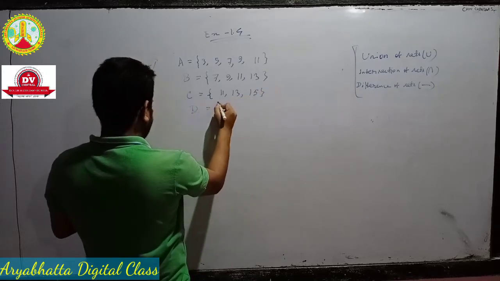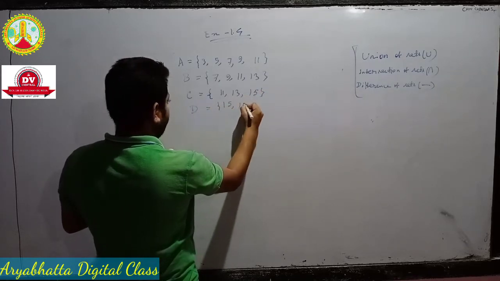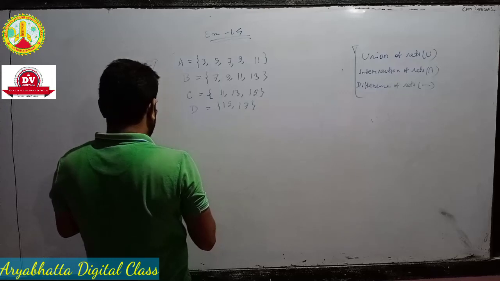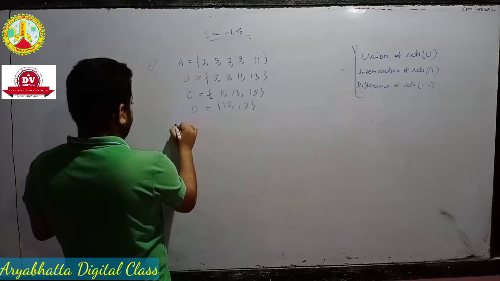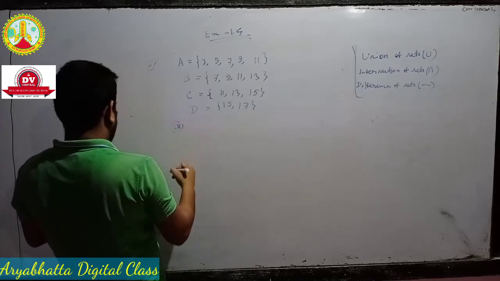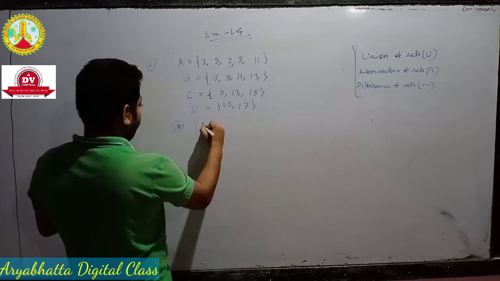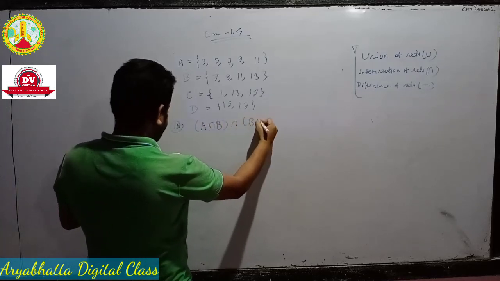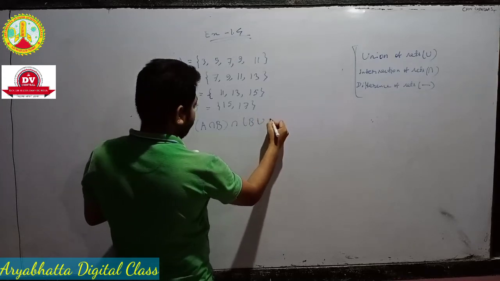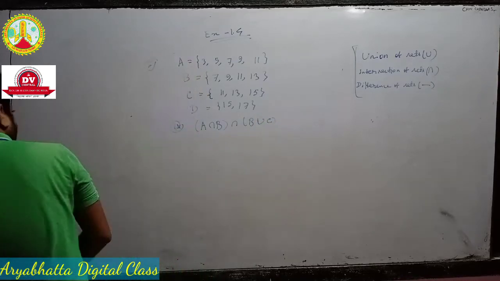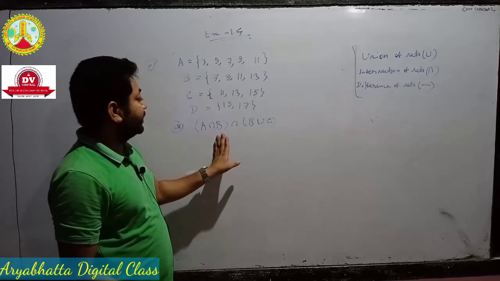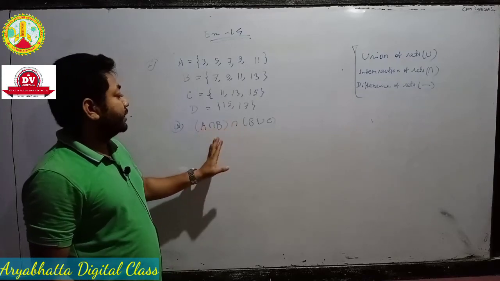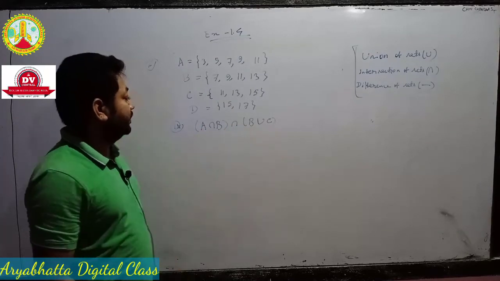Next, D is equal to {15, 17}. Then find Roman numeral 9: A intersection B, and A intersection B intersection B union C.